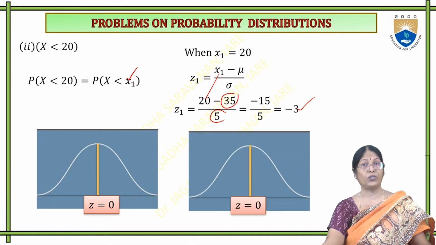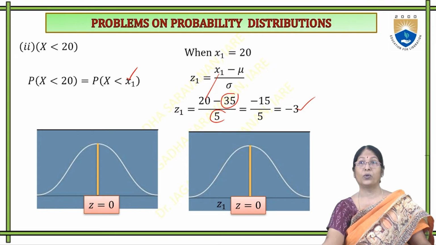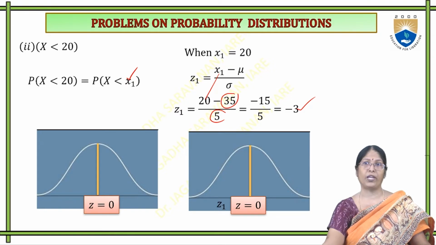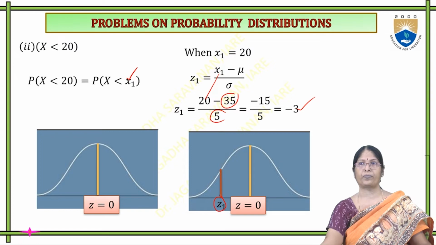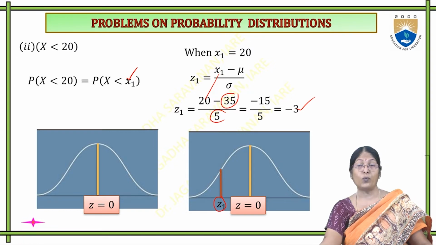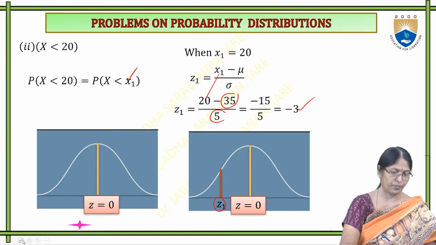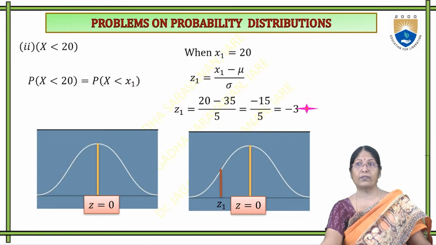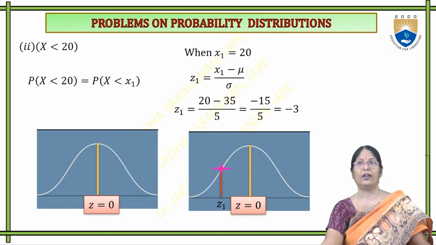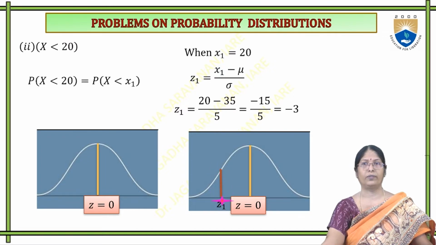Because it is negative, it is placed on the left of the point z equal to 0. So it is placed here. The star indicates it is minus 3. That is the reason it moves to the left side of z1, at the vertical line which is drawn.